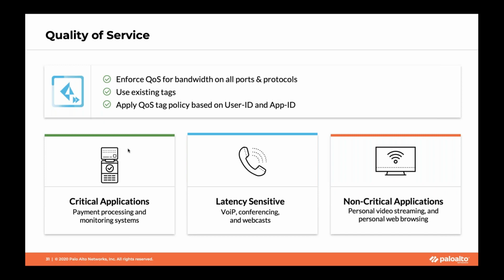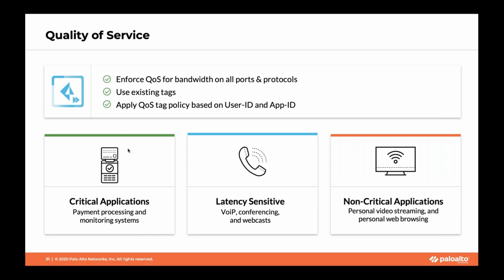Users can quickly saturate the network, so you can, for example, prioritize Office 365 or voice over IP over YouTube and other traffic. This is included in Prisma Access.